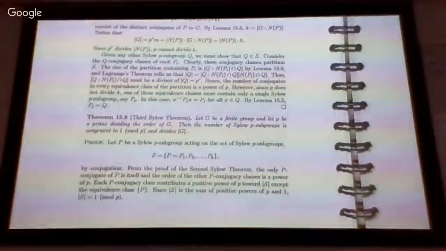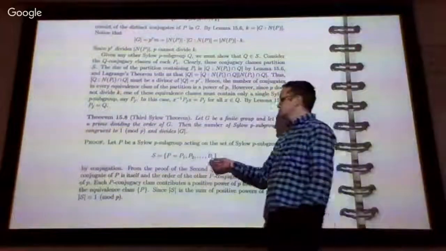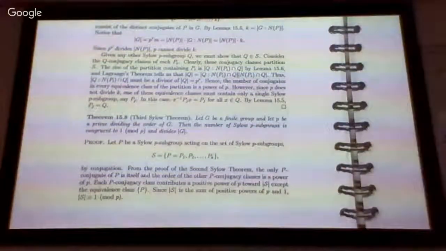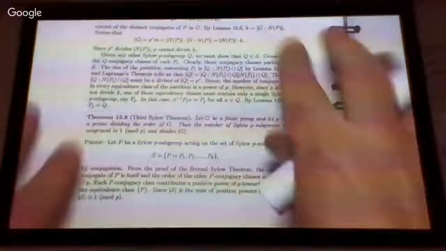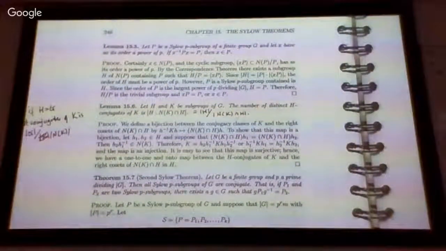Pk is the last one. So what we're asking ourselves is whether it's possible, or must you always have at least one additional element? Well, it's actually in one of the lemmas we did before, one of the lemmas that fed into the proof of the second Sylow theorem.